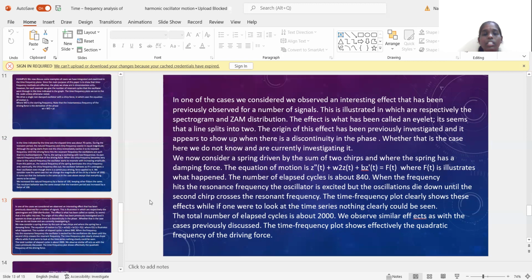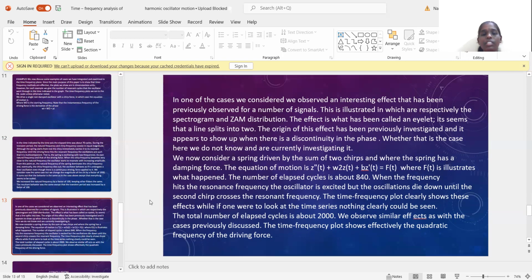We now consider a spring driven by the sum of two chirps, where the spring has a damping force. The equation of motion is given. The number of elapsed cycles is about 840.